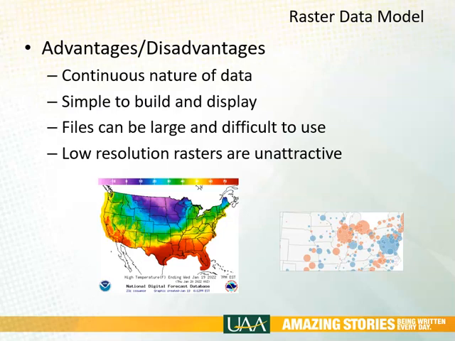And using raster data is a really good way to show something like this that is continuous. If, however, you have very discrete data, and the map on the right-hand side just shows some data for different cities, that wouldn't be a good use of the raster data model. That's much better for vector data model, and of course in this case, points and graduated circles. Raster data models are very simple to build and easy to display as well.